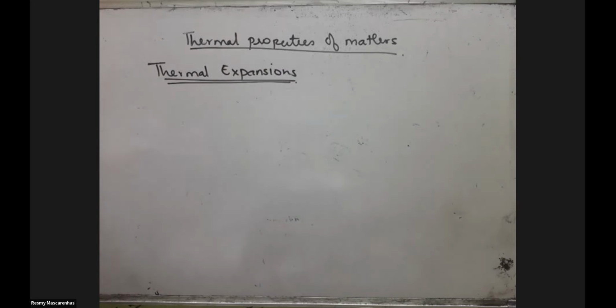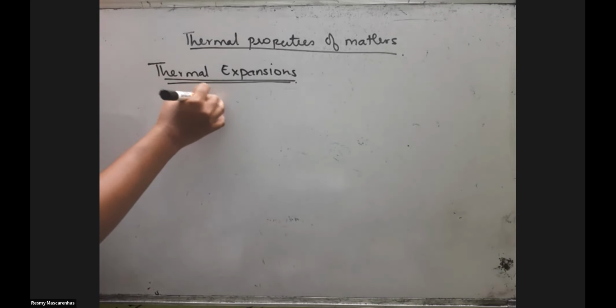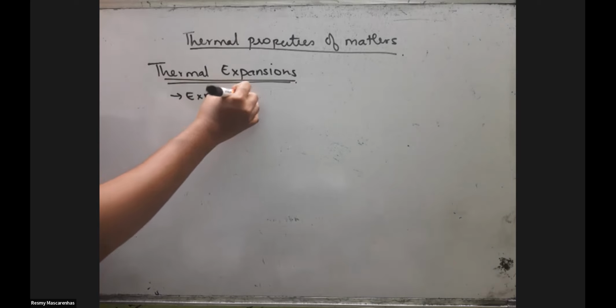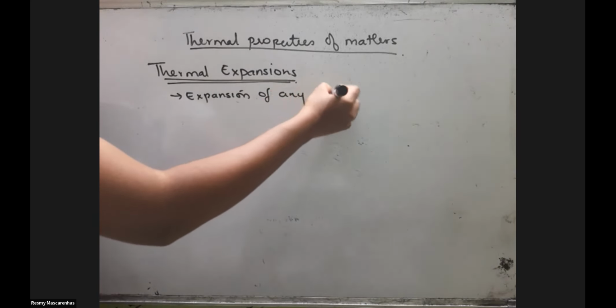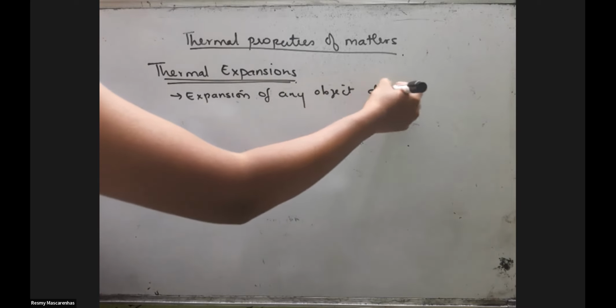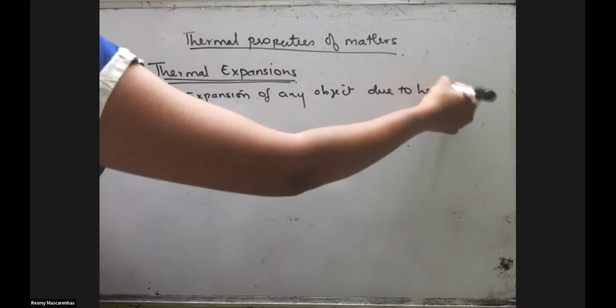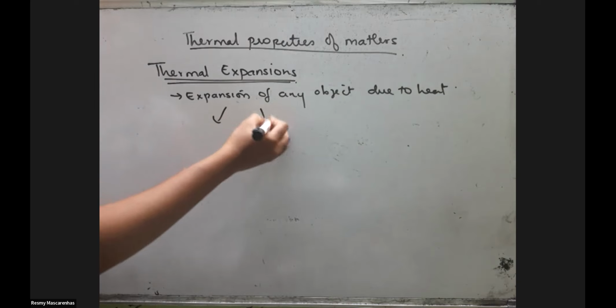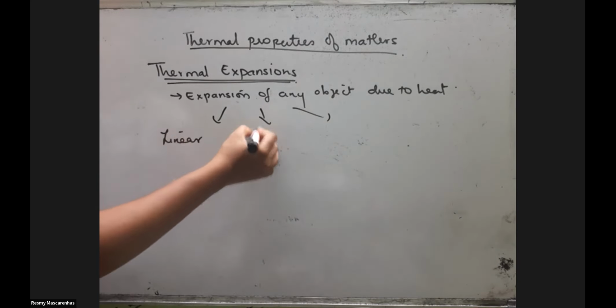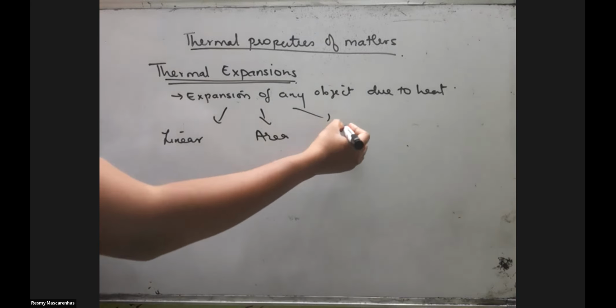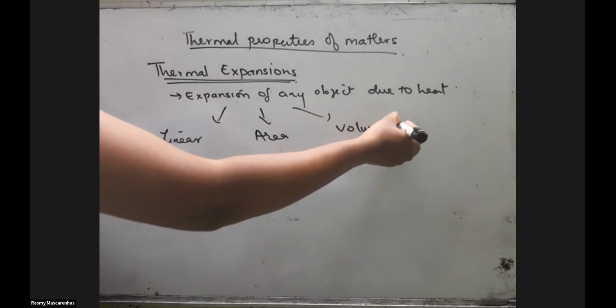So this is expansion of any object due to heat. We had three types: one was linear expansion, one was area expansion, and the third one was volume expansion.